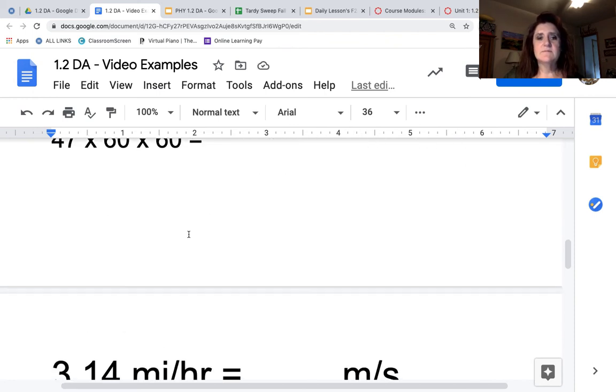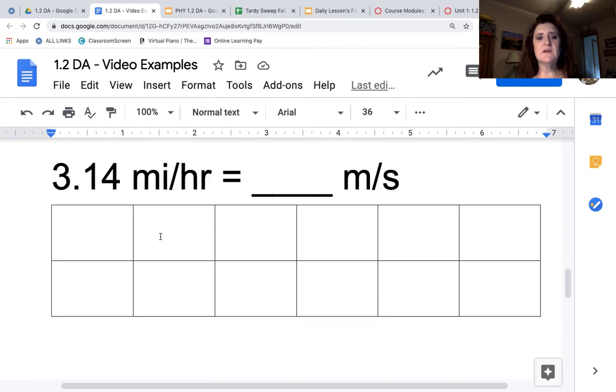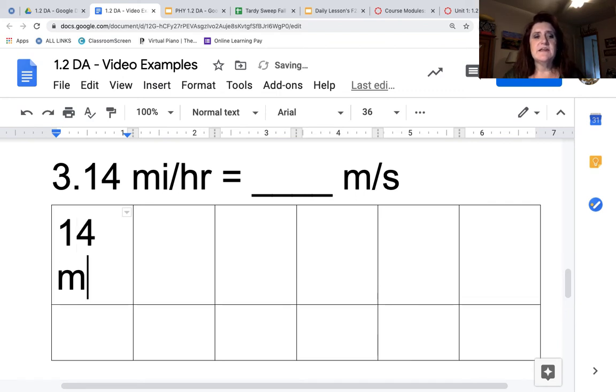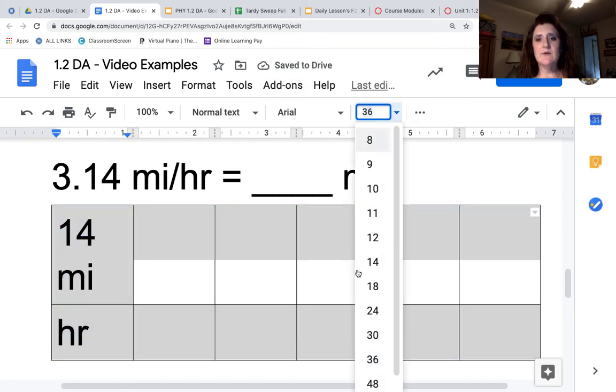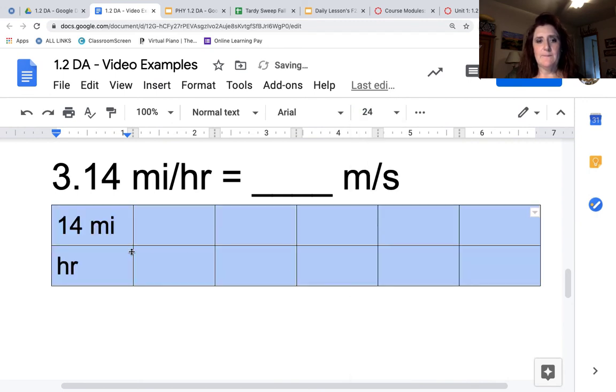One more. This one you're converting a velocity. So notice here what I'm about to do. I have 14 miles per hour. So the miles are on top and the hours are on the bottom. Now, you're going to tackle one of these at a time, either miles or hours.